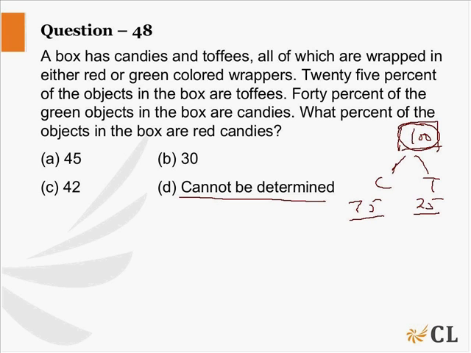Now 40% of the green objects are candies. That does not mean that red does not contain candy. It is simply saying that out of total green, 40% are candies. So what is this equal to? I don't know.